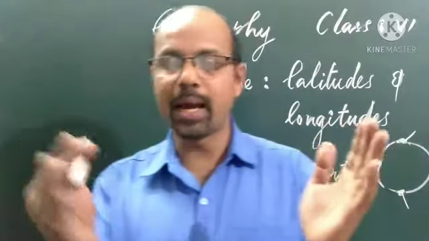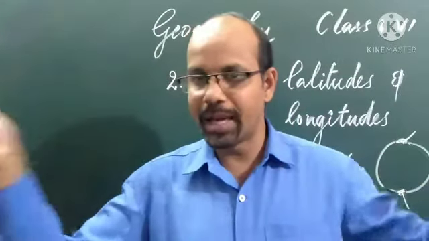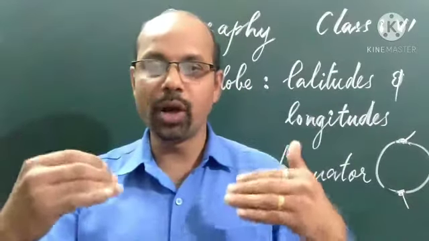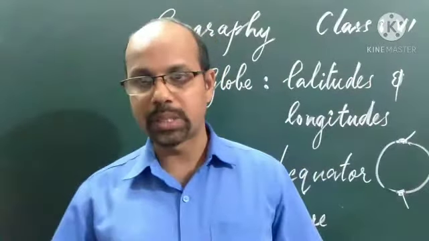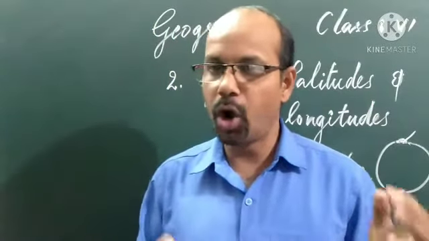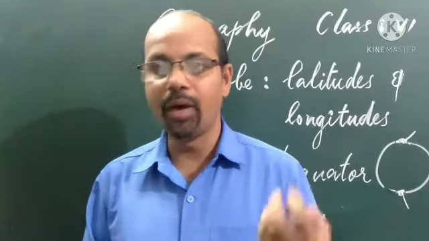Globes come in very different sizes. Some are very large, some are very small. We cannot carry very big globes, but smaller ones we can carry. There are also pocket globes that we can carry in our pocket.